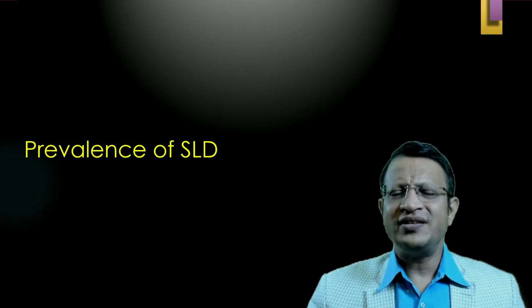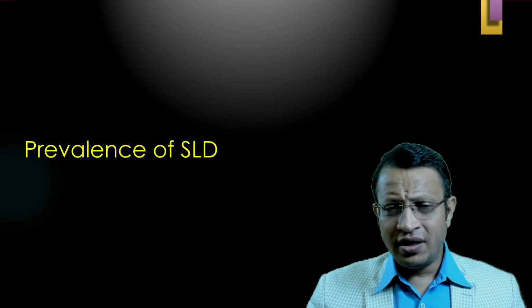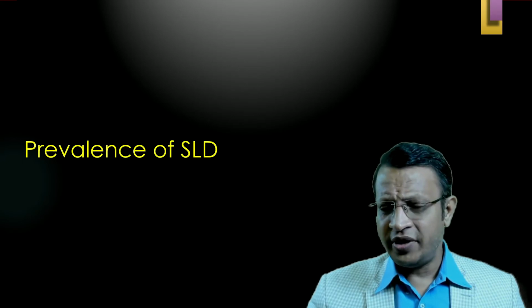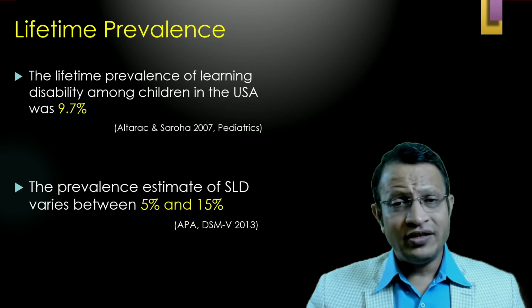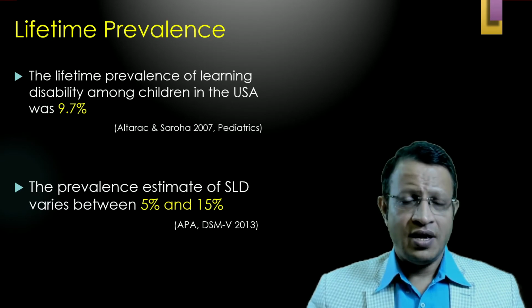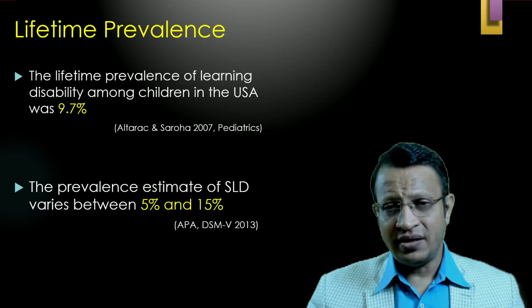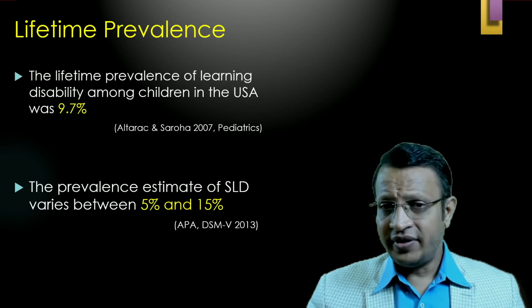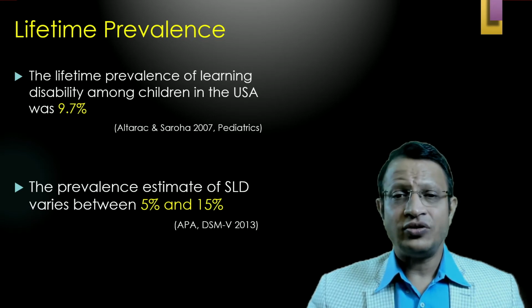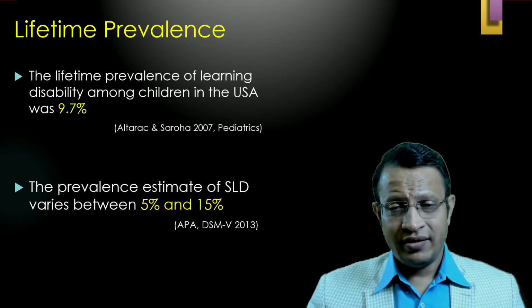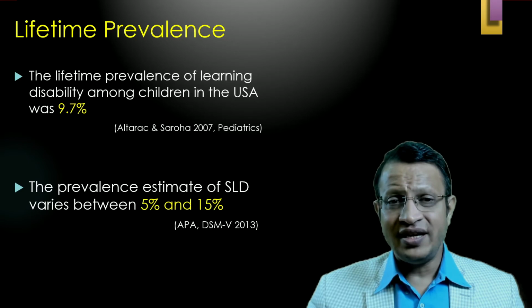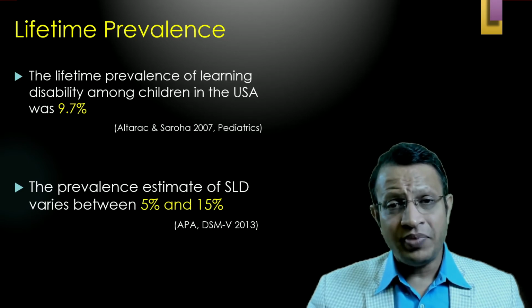Why are we worried about this SLD? What is the burden of this specific learning disorder on our community? Why should we know about this? If you look at the United States of America, the prevalence is somewhere around 10%. However, American Psychiatric Association DSM-5, when they released, they reported the prevalence of SLD is somewhere between 5 to 15%.